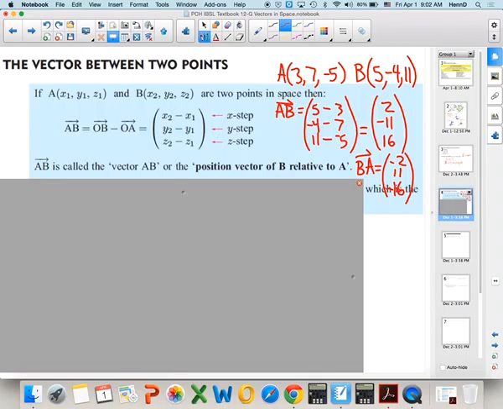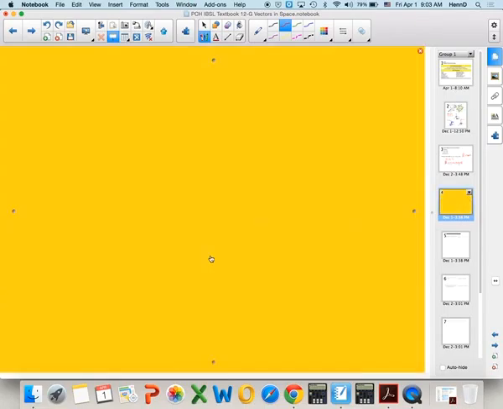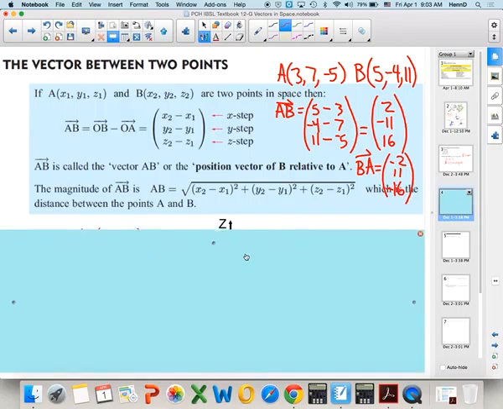Now, to answer a question that was brought up earlier, how do we find the magnitude? Okay? How do we find the magnitude? What you see here in this square root is actually our distance formula in 3 dimensions. Okay? Like this says, this is the distance between points A and B, which also gives us the magnitude of vector AB.